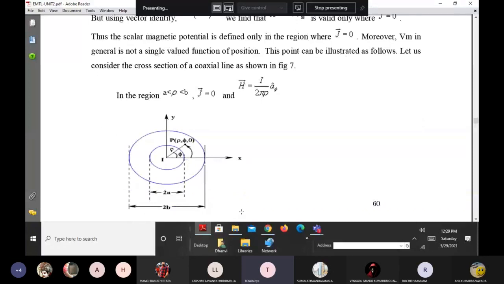Here we have considered a sample region, with azimuthal angle phi and radius rho, where the inner circle has radius a and the outer circle has radius b. So rho lies between a and b, between the inner circle and the outer circle.